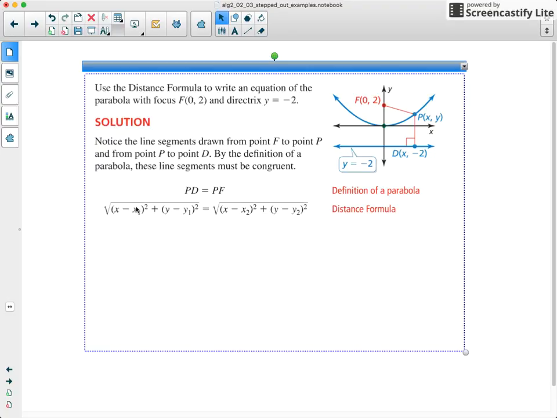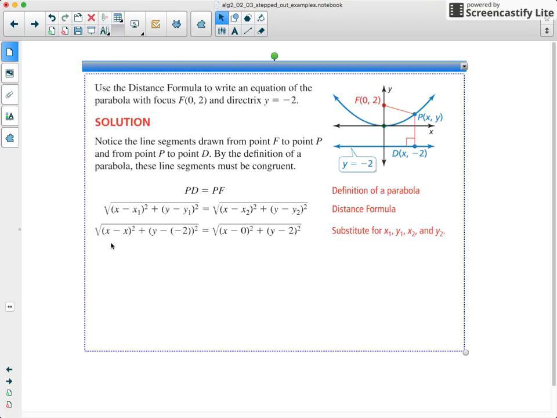So this x1 is going to be replaced by the x from the ordered pair over here, and the y1 will be replaced by -2. On the right-hand side, the x2 is going to be replaced by the x coordinate of the focus, and the y2 is going to be replaced by the y coordinate 2 from the focus. And that's shown right here.